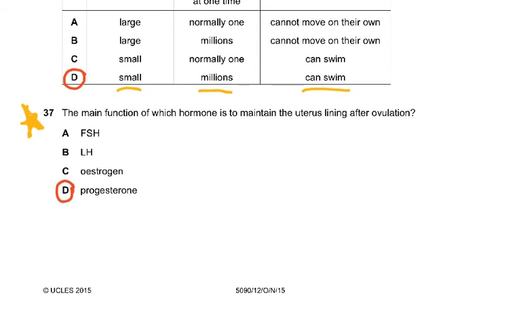Then question 37, again it's mentioned in the exam report, the functions of the hormones of the menstrual cycle were not well known. So this is a weak area, and we know as examiners and teachers. So the main function of which hormone is to maintain the uterus lining after ovulation. You remember after ovulation what happens?